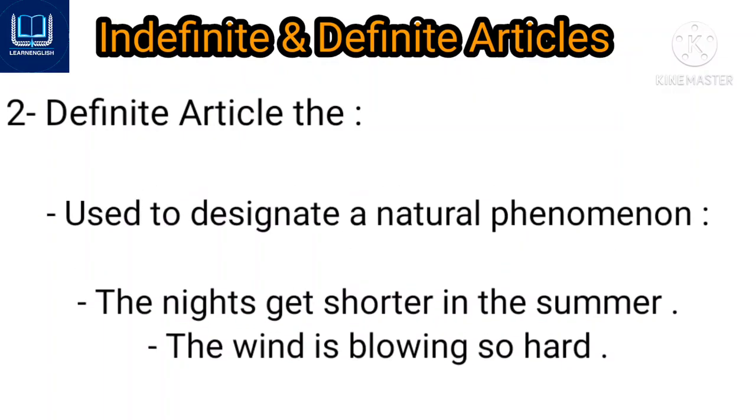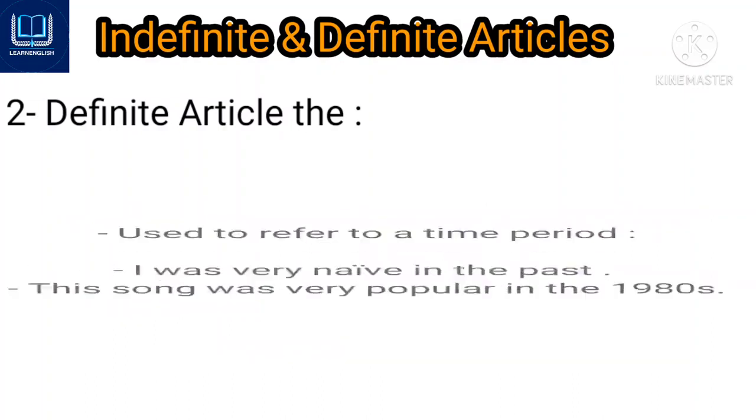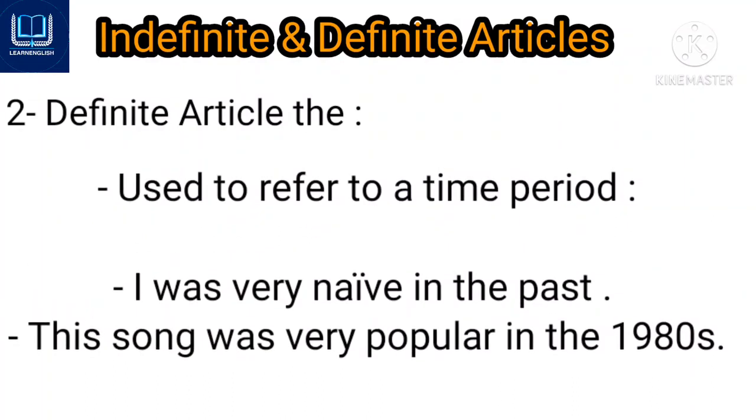Used to designate a natural phenomenon. Examples: the night gets shorter in the summer. The second example: the wind is blowing so hard. Used to refer to a time period. Example: I was very naive in the past.